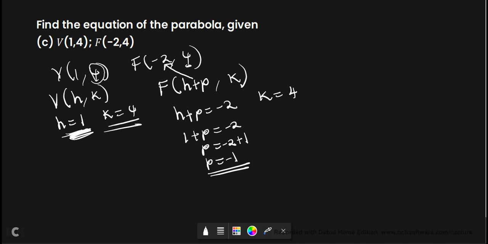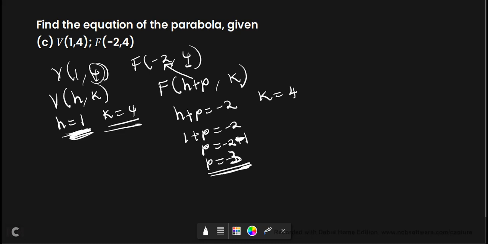Oh, no, no, no. This is supposed to be negative. Sorry for that. Because this one goes the other side, it will be negative 2 minus 3. So your p is negative 3.